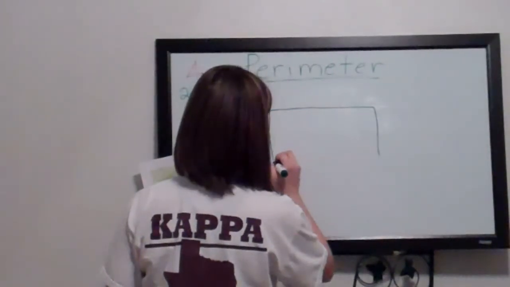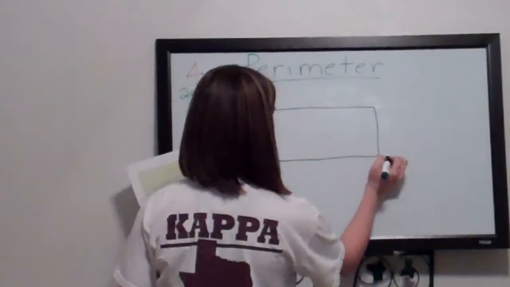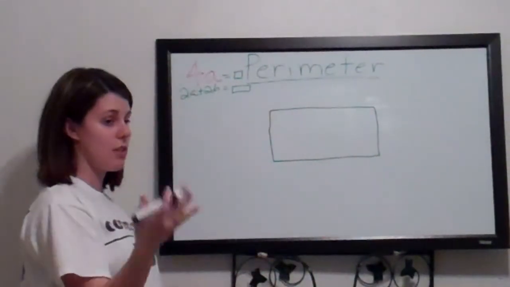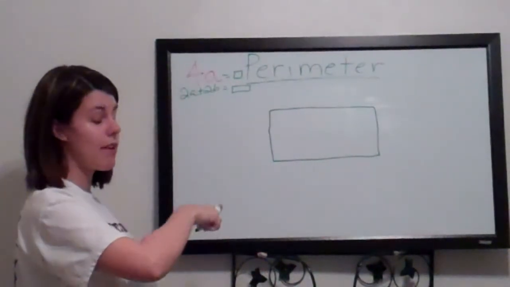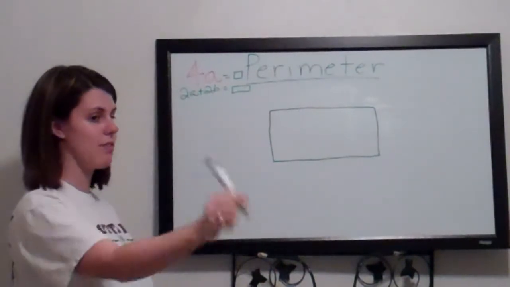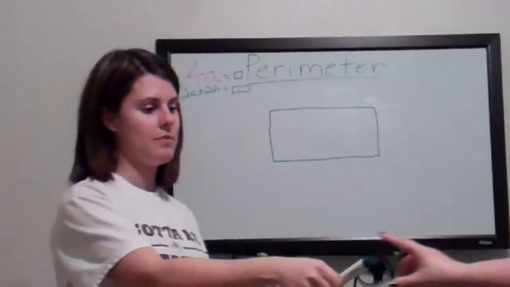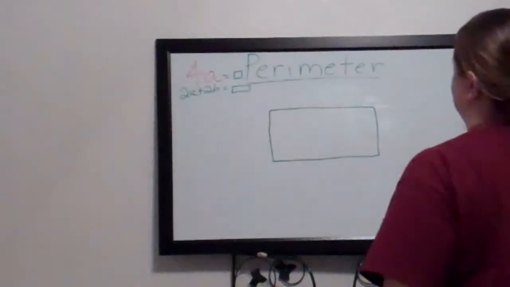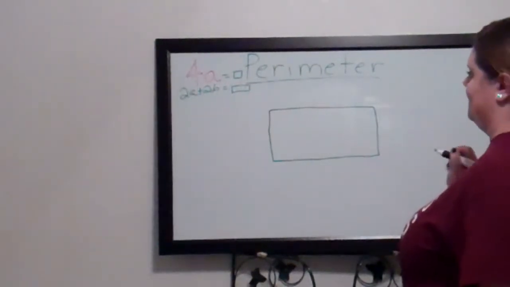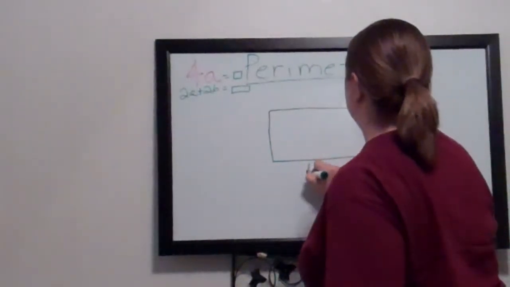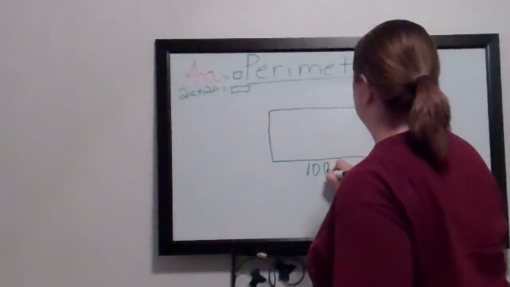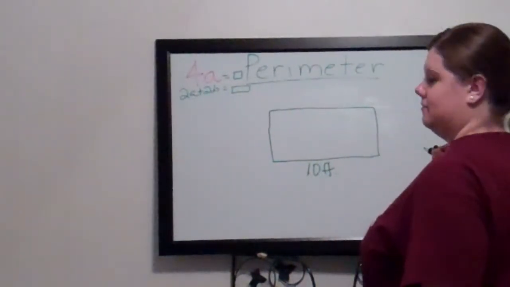Switch it up. Okay, Abby, I want you to come up here and I'm going to tell you the measurements. I want you to label the rectangle, and I want you to tell me how you can find the perimeter. Good, okay. The length is 10 feet. And the width is 4 feet.